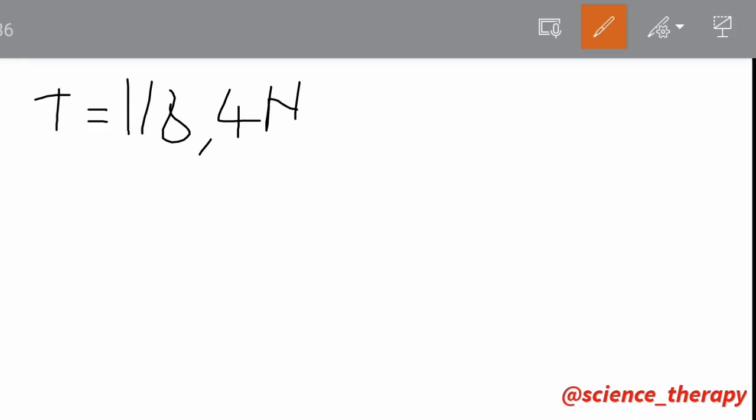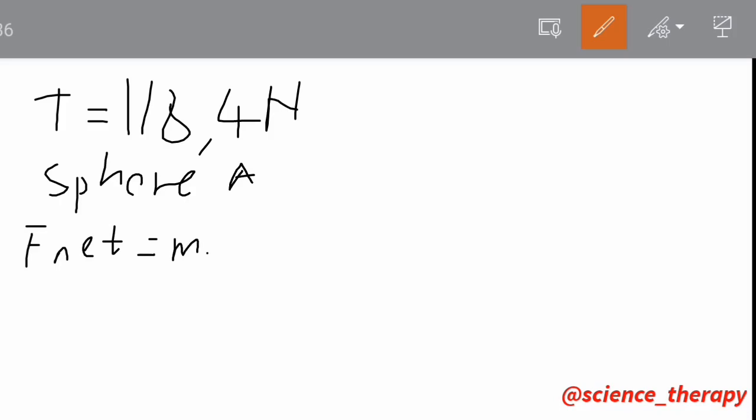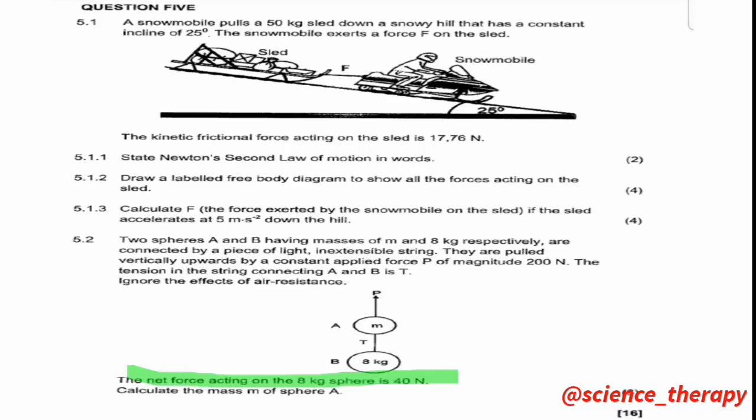But remember, what are we looking for here? We are looking for the mass. So now that we have the tension, and we see the tension is on both sphere A and sphere B, we can use this tension to calculate the mass of sphere A. So for sphere A, we have F net equals mass times acceleration. Now remember here, what are we saying?